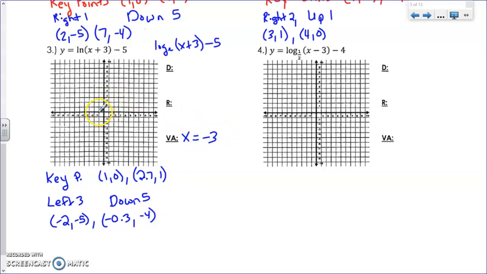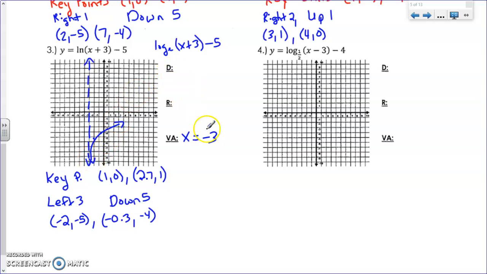Let's see if I can count right this time. 1, 2, 3. We're going to put that here. And then here we have negative 2, 1, 2, negative 5, 1, 2, 3, 4, 5. And then 0.3 go down to negative 4. And then it's going to get close to that asymptote and then go off.